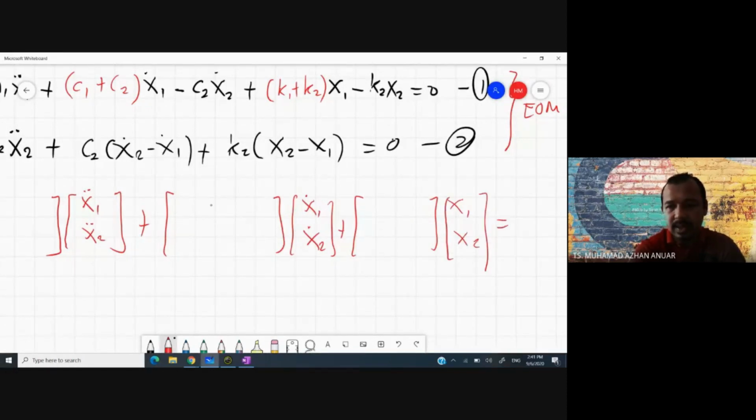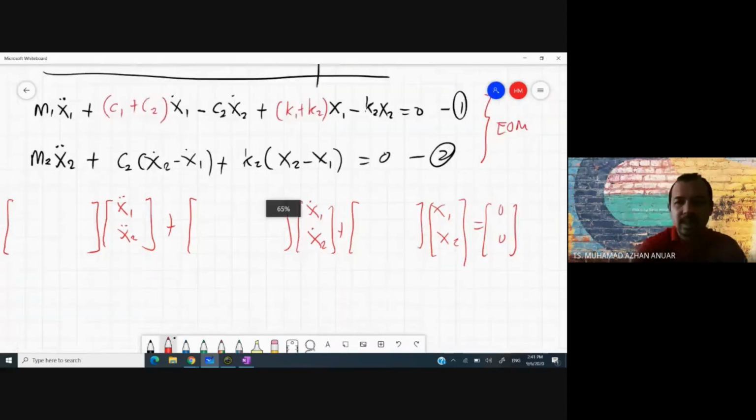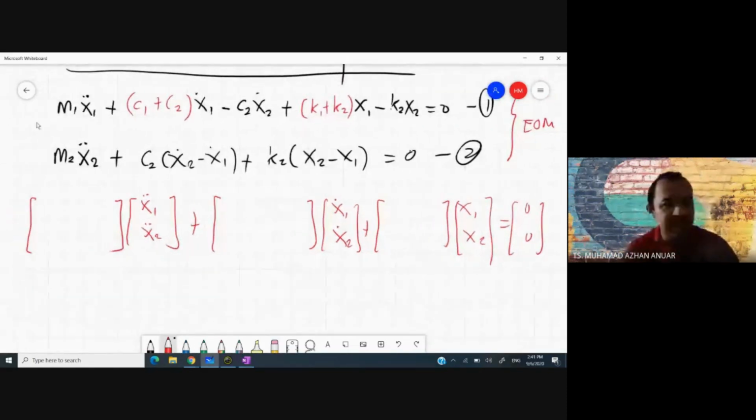That is equal to 0. If we represent this equation of motion in matrix form, you should get the same representation but in a different form. Let's look at the first equation, equation number 1.